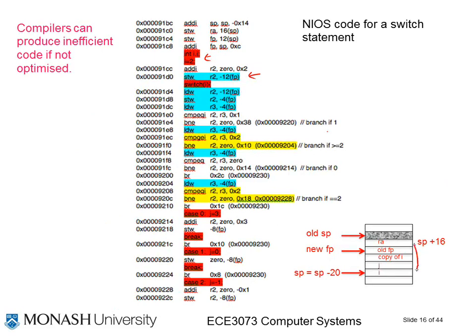So there's this diagram here. R2 is stored into frame pointer minus 12. And then I load R2 from frame pointer minus 12. Who thinks this is a good idea? Can anyone explain why I would ever store it and then load it straight away?